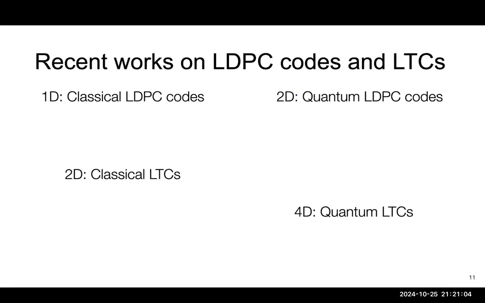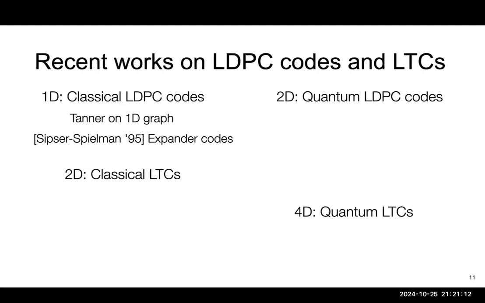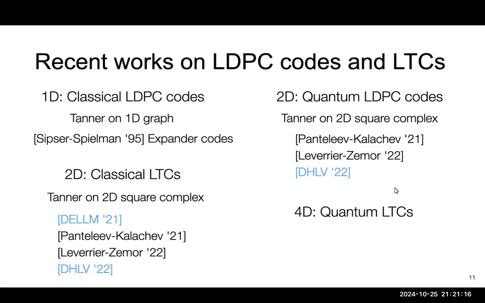Here are some corresponding works. Here's the Tanner code, and here's some recent work on quantum LDPC codes and classical LTC codes. What we can think is that our work is really extending these techniques in previous works to arbitrary long chain complexes.